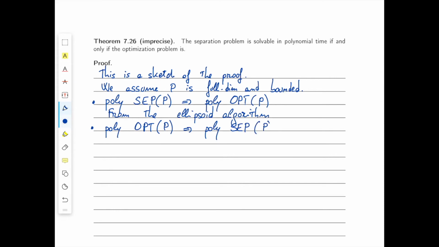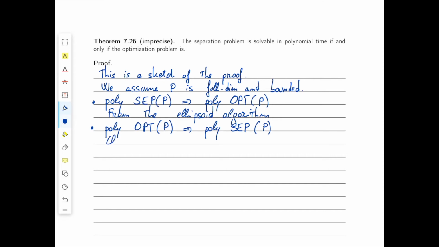Now, the first thing we want to do is essentially translate our polytope P so that it contains the origin in the interior, so that we can use the fact that the polar of the polar of the polytope is the polytope itself, and we're going to use that later on.